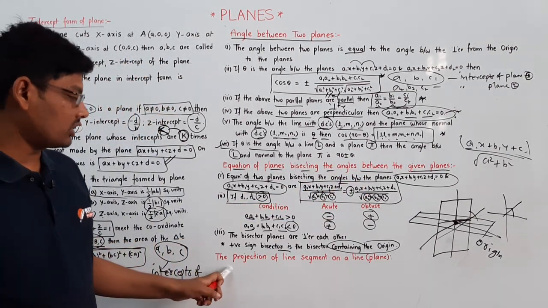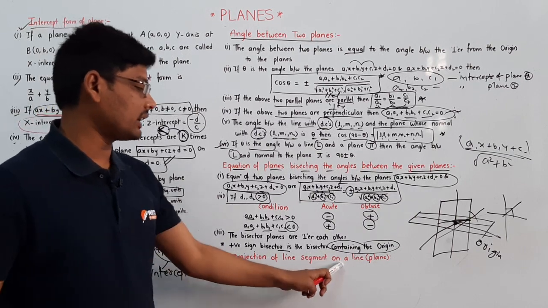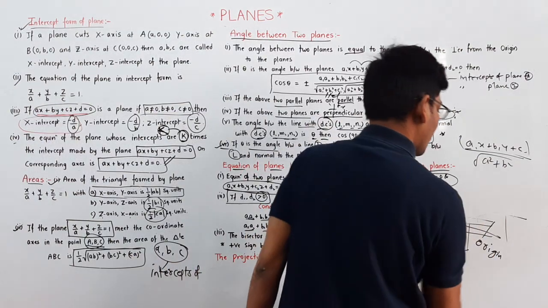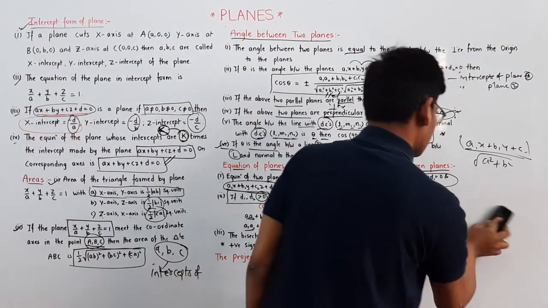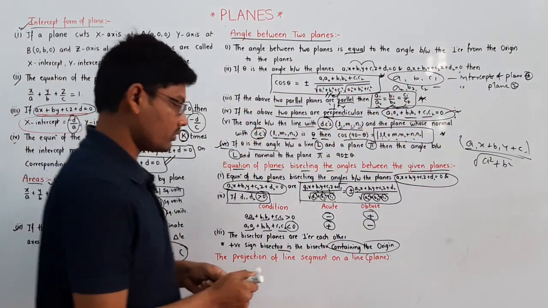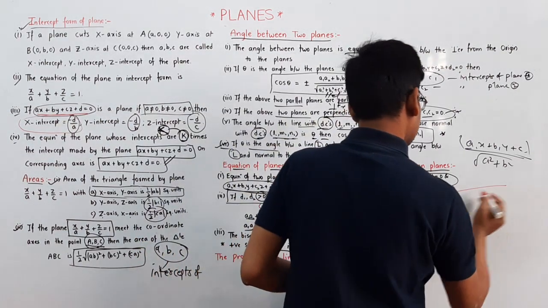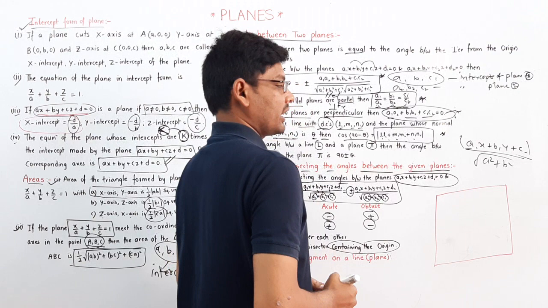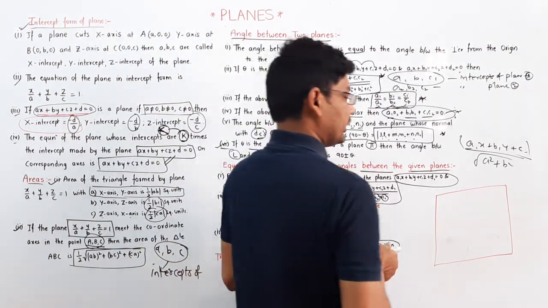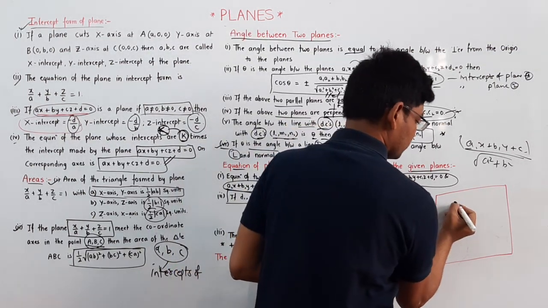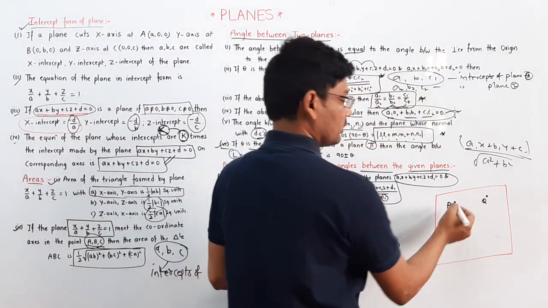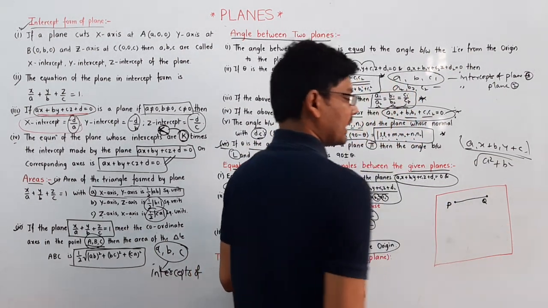Now the projection of a line segment on a plane. The topic is the projection on a plane. If you take a plane like this, this is the plane I am taking here. On this plane, if you take two points P and Q, this is the line PQ.